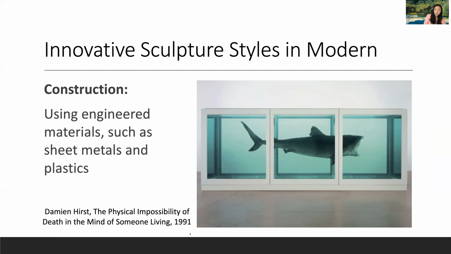So this is British artist Damien Hirst's work, The Physical Impossibility of Death in the Mind of Someone Living, a large tank full of formaldehyde in which he suspended a dead shark.